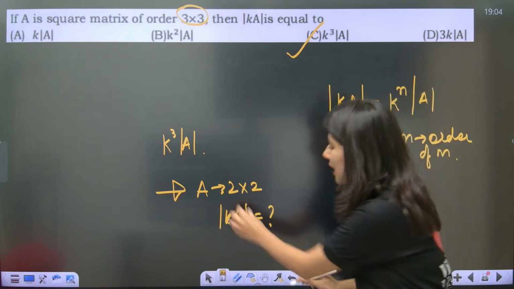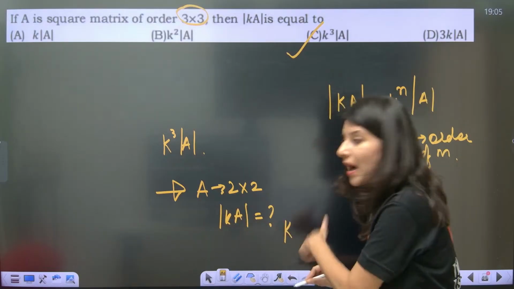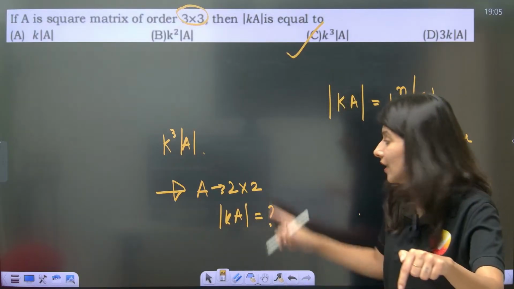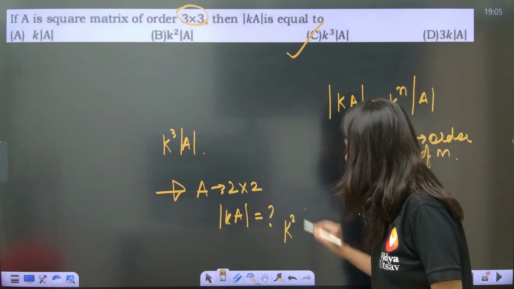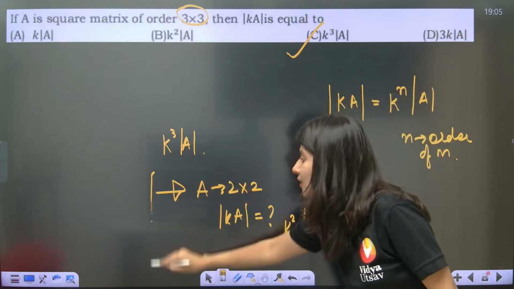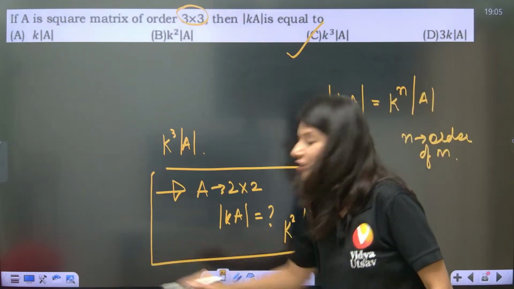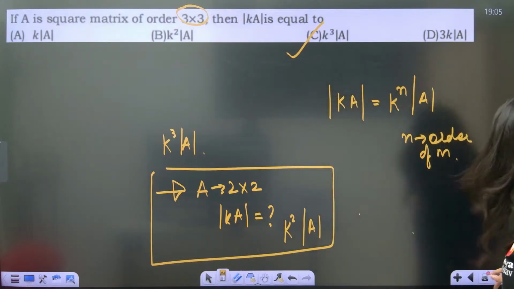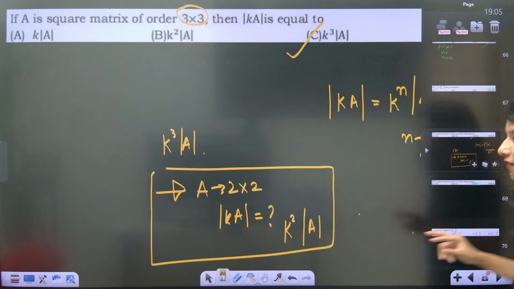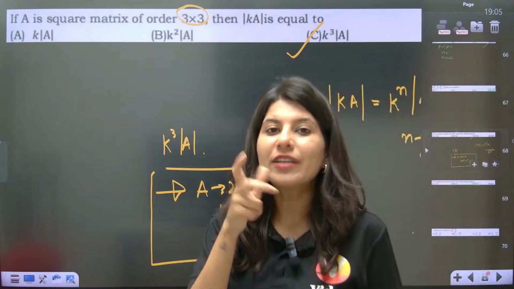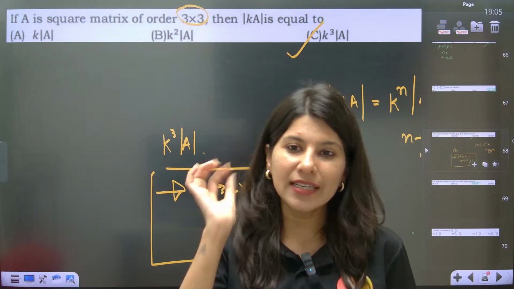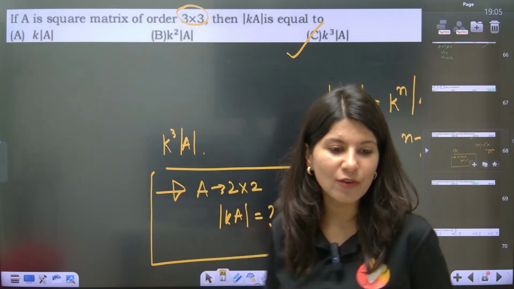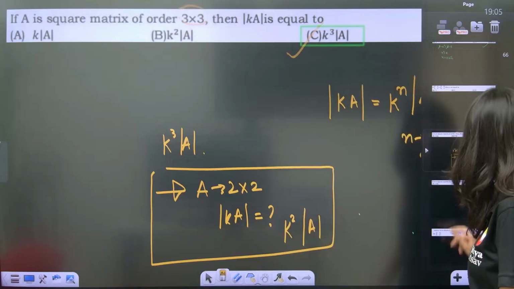So K has to come out, but the power of K is nothing but the order. Here the order is 2, so that is K square determinant A. This is a different question, which I have just created for you. So I hope you are understanding that you have to be prepared for slight modification in the question, a little bit here and there. Just know the basic formula. Do not just cram the answers.